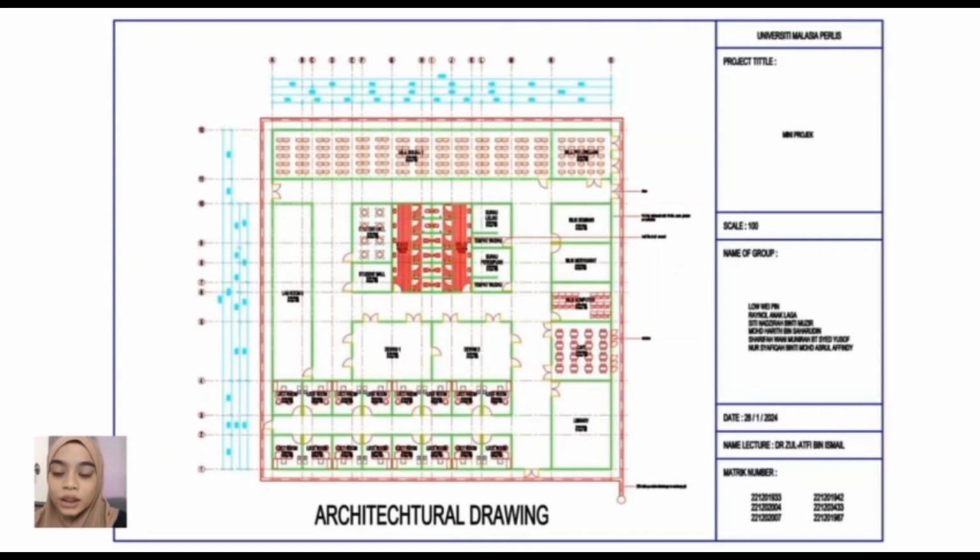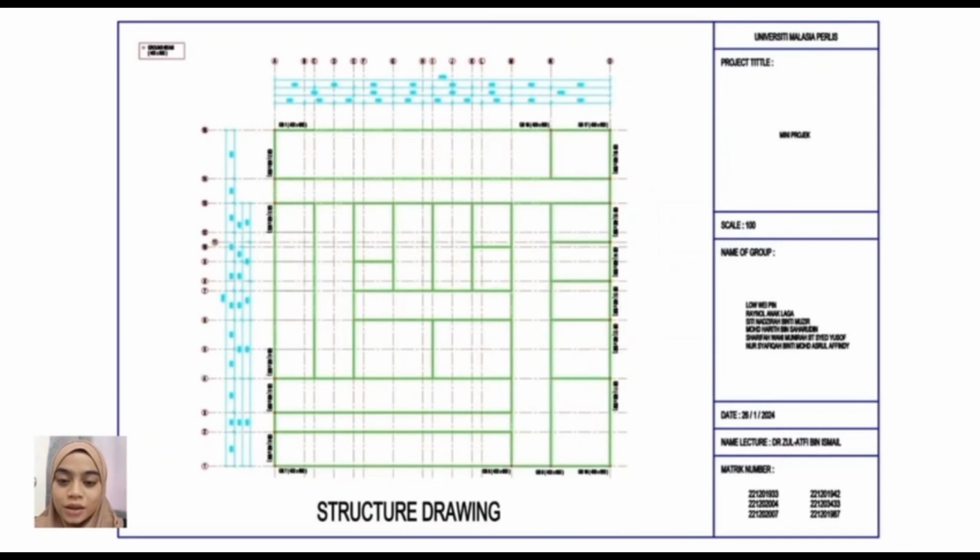And grid line for vertical is A, B, C, D, E, F, G, H, I, J, K, L. Okay, in architecture drawing have dimension, detail of room, example bilik kuliah, dewan, hall, student hall, student mall, lab room, lecturer room, and detail for window, door, and detail for drain. In architecture drawing have furniture collection.